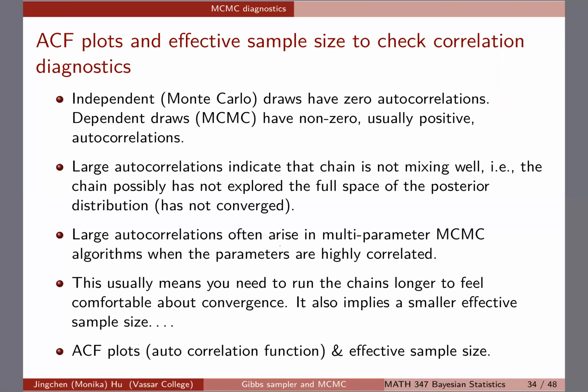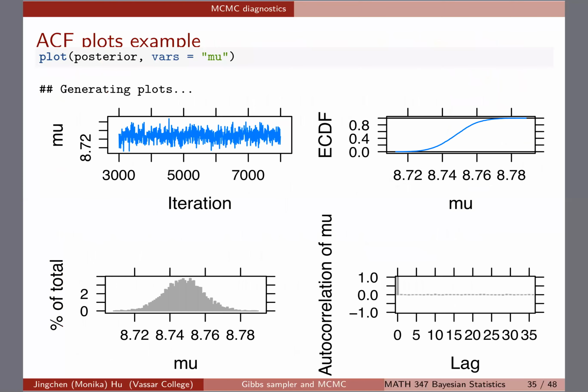So if we come back to this one, again I'm using the same script, and the autocorrelation plot is this one, bottom right. Okay, so lag stands for the lag of the iteration. So when the lag is 0, its correlation with itself is always going to be 1, right?